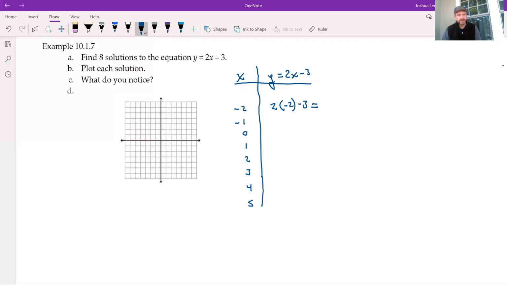Two times -2 is -4, minus 3 is -7. And so the point will be (-2, -7). Okay? So I want you guys to go ahead and fill this out. Find all the y's that correspond to these x values and then plot the points. Okay? Pause it. Do it.